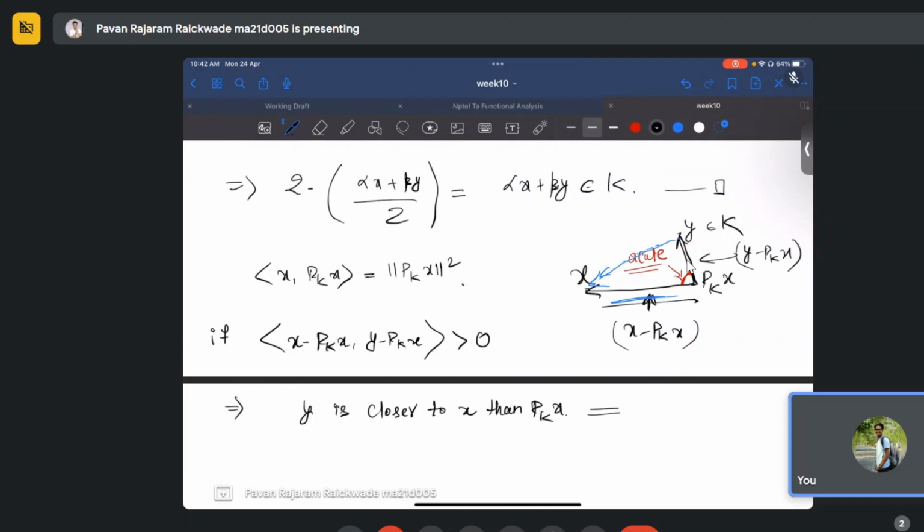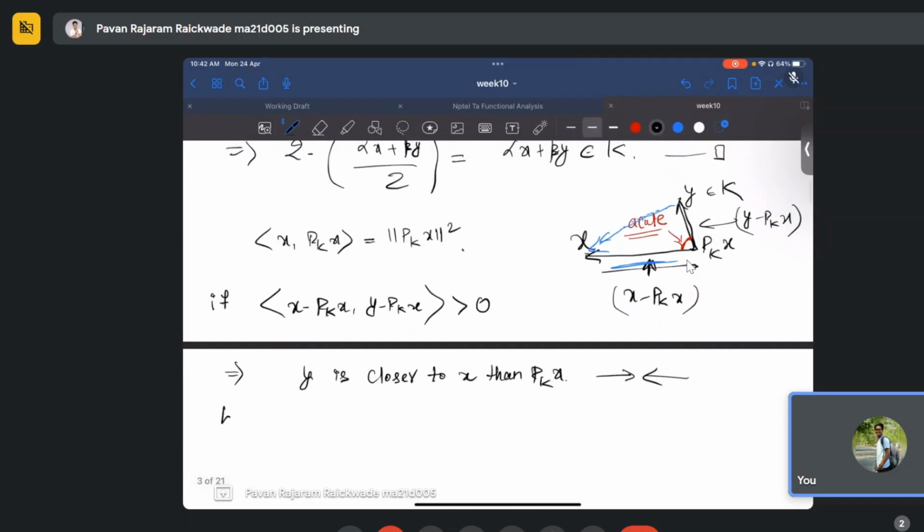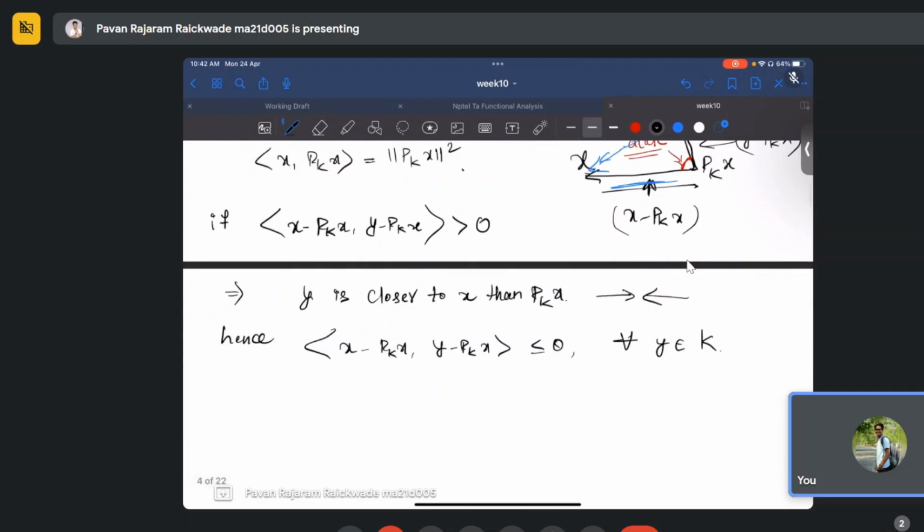This is a contradiction. Hence, the inner product of x minus PKx with y minus PKx has to be less than or equal to 0 for all y belonging to K.